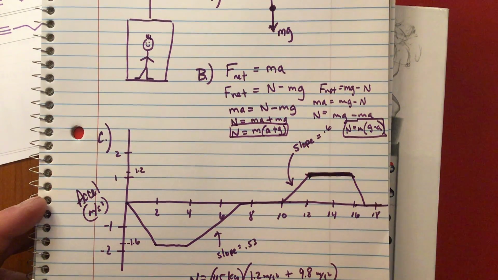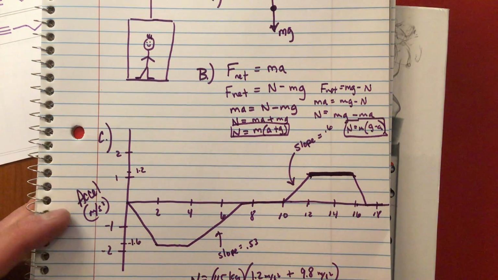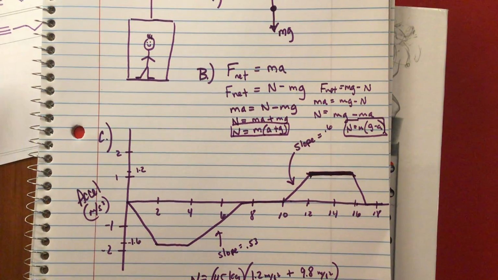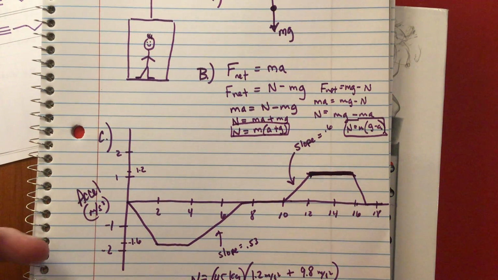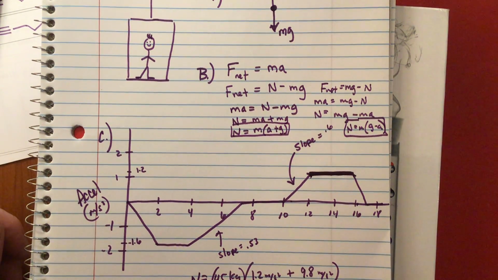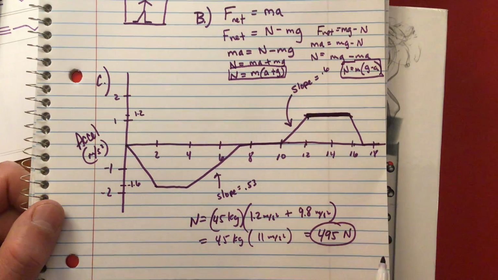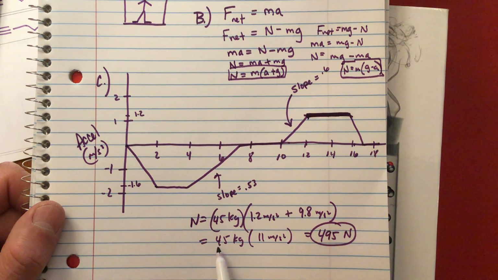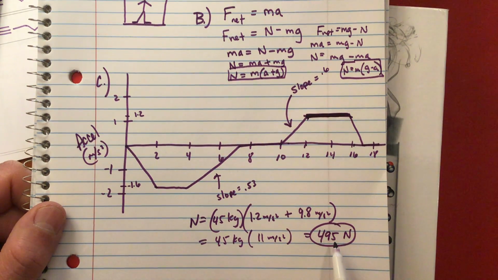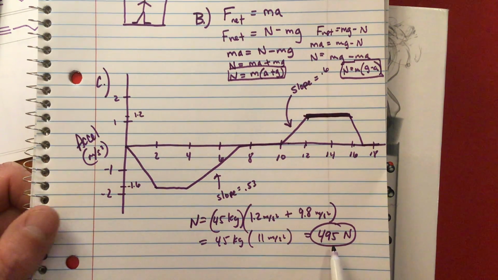So this would just be 45 kilograms times 11 meters per second squared. So 45 times 11 gives me 495 newtons. So that would make sense. If the student were at rest, the scale would read 450 newtons, roughly. So if it's accelerating up, that normal force should be larger than 450, and it is.